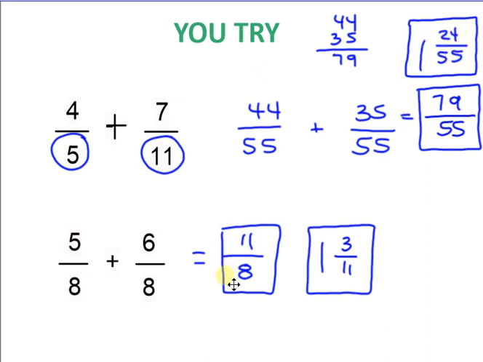The second example did already have a like denominator, so it was 11 over 8 or 1 and 3 over 8.